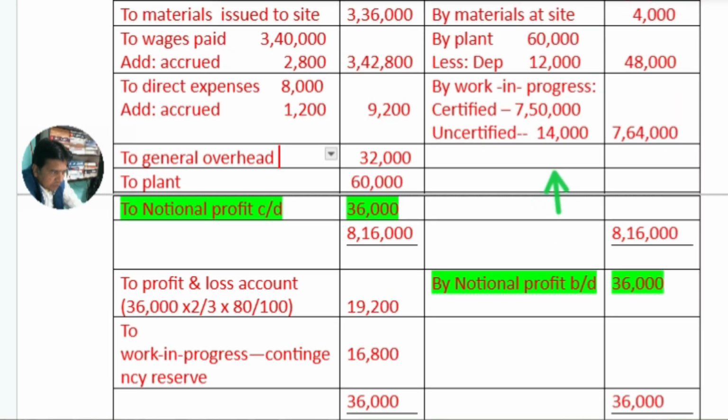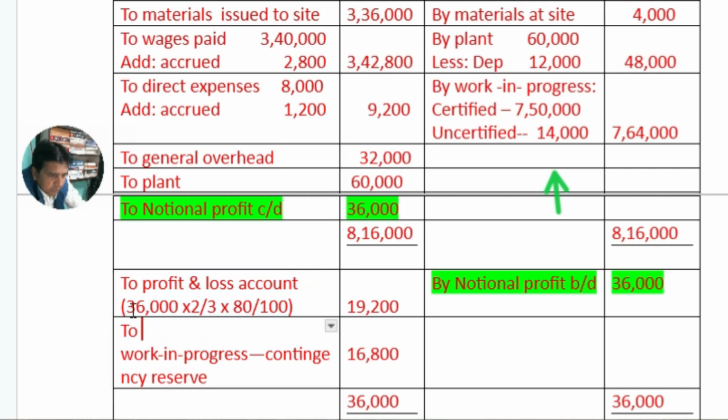If the work completion is more than 50% to 90%, then 2/3 of the notional profit in the ratio of cash received to work certified shall be transferred to profit and loss account, and it is calculated in this manner.